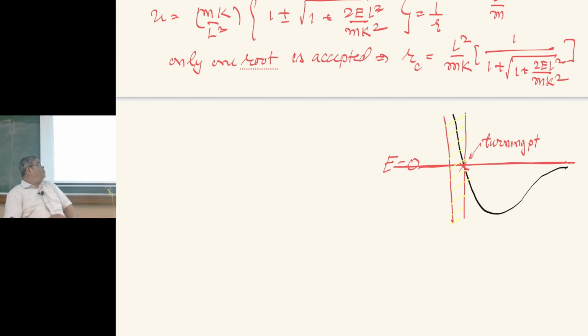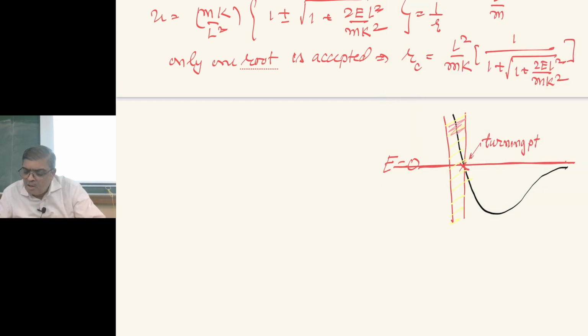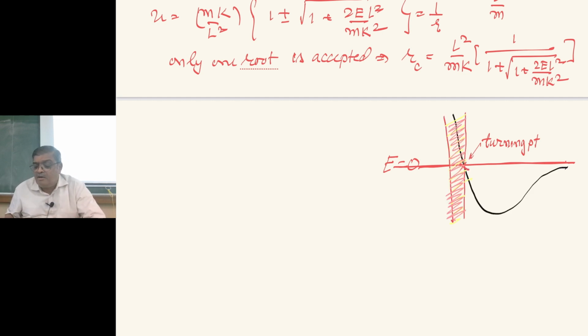Is that okay? Can you see that? Just barely, I think. Maybe I should choose this. So that is the forbidden region. Oh gosh, the whole thing left. So there, it's back, doesn't matter.